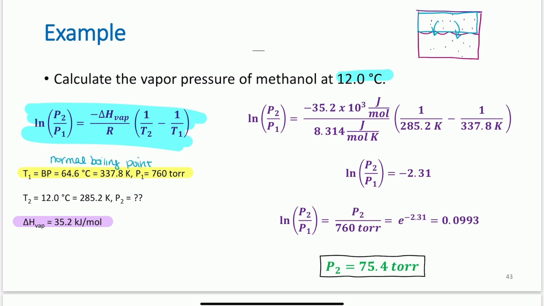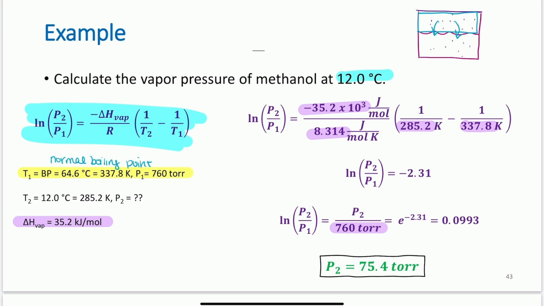So I'm just going to plug in everything I know. I know delta H vaporization. R is a gas constant. My second temperature, 12 degrees C, but in Kelvin. My first temperature is my actual boiling point of methanol, but in Kelvin. Plug it all in. We know that my first pressure is 760 torr because I am looking for the pressure.